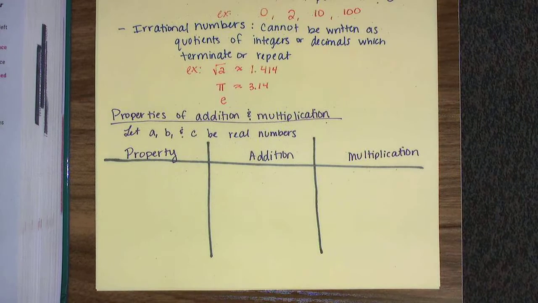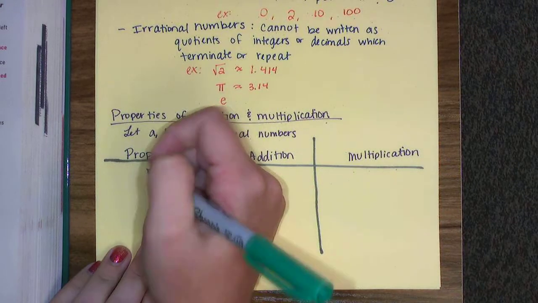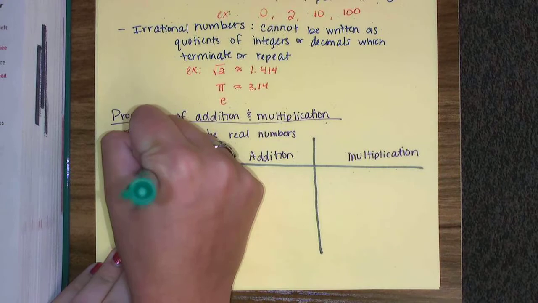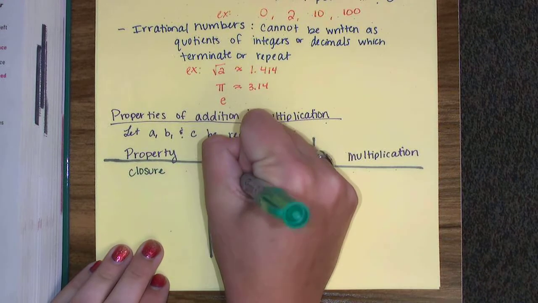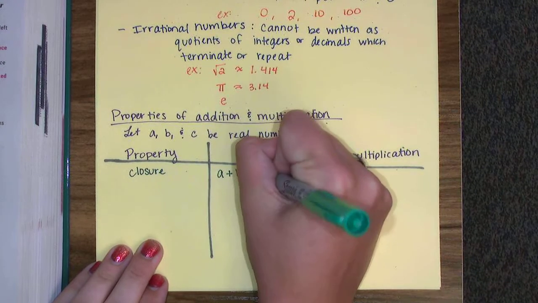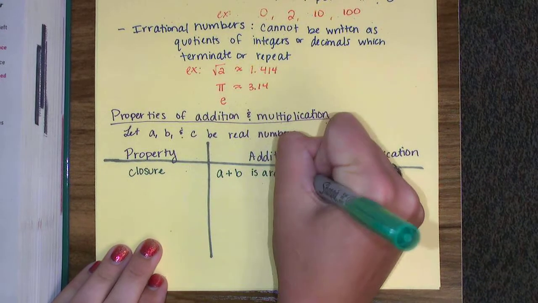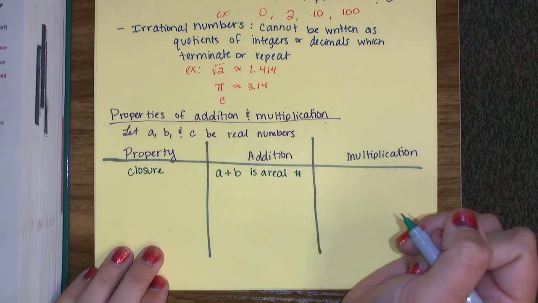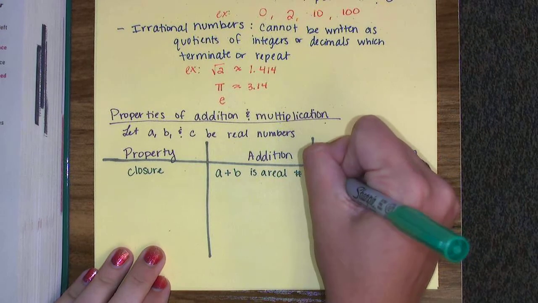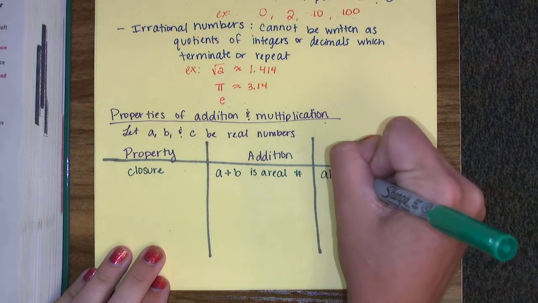All right, so the first one is going to be called closure. So this is basically just that A plus B is a real number. And then for multiplication, it would be that A times B is a real number.